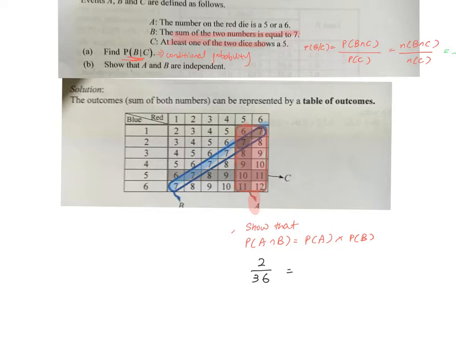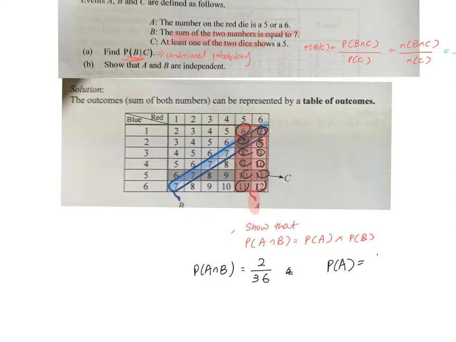Total 36 outcomes. Now the probability of A multiplied by the probability of B. The probability of A is 1, 2, 3, 4, 5, 6, 7, 8, 9, 10, 11, 12, so 12 out of 36.